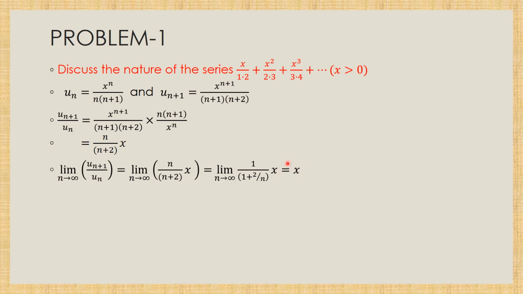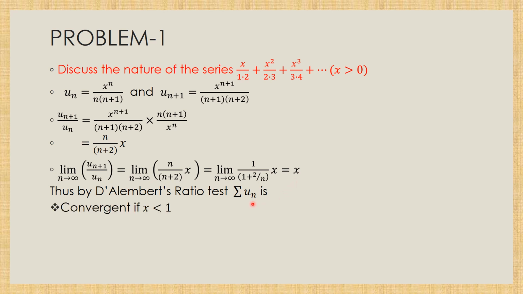Now the nature of the series will be determined with respect to this x. That means, looking at the behavior of this x, we will decide the nature of the series. By D'Alembert's ratio test, the given series sigma un is convergent when x is less than 1, because this limit value we got is x.